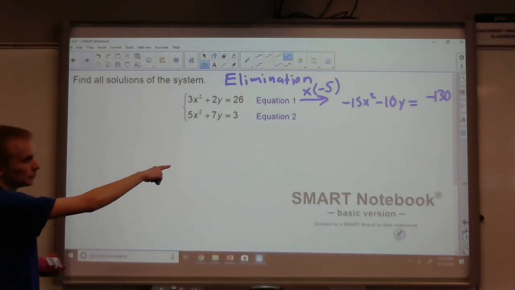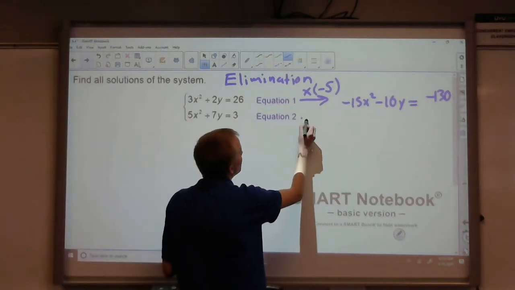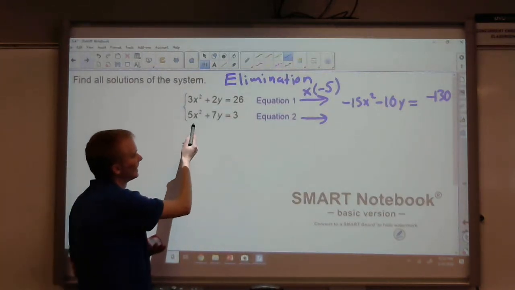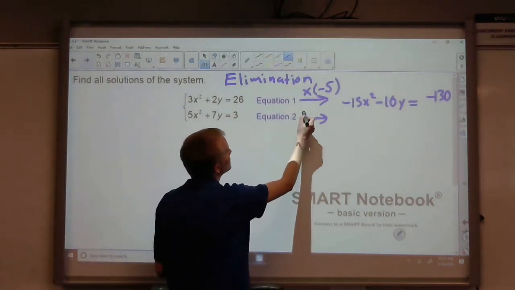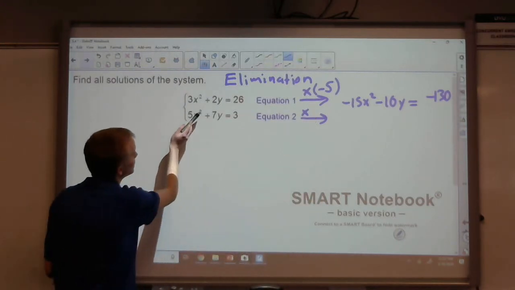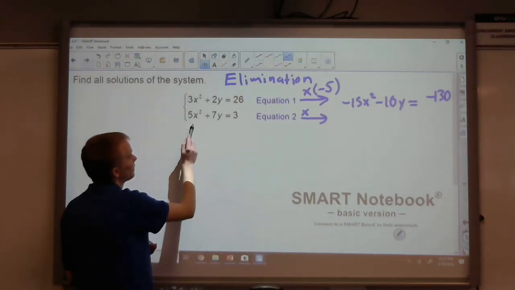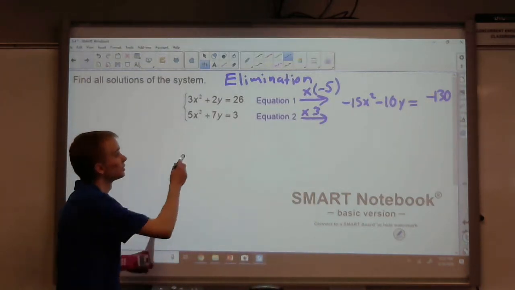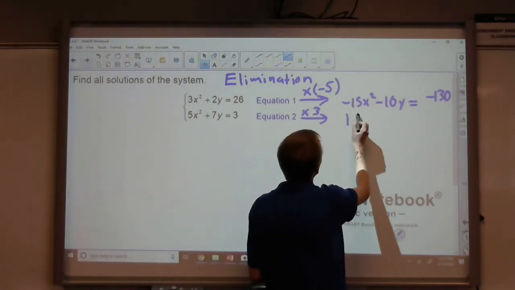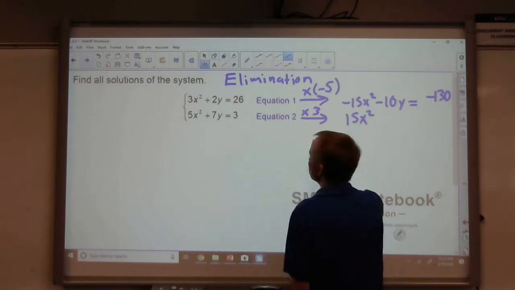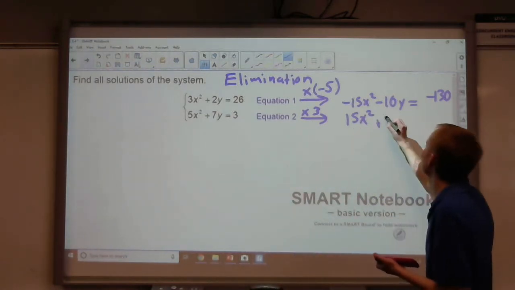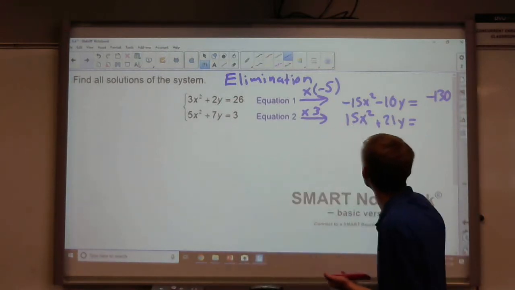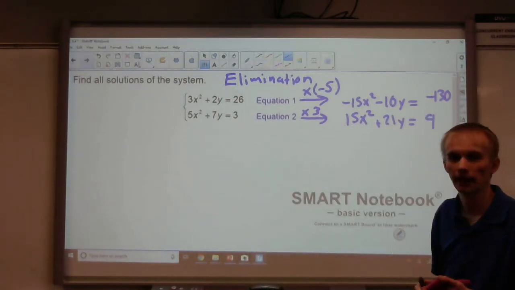So I just times by negative 5. This one, I'm going to get it to cancel out, on this bottom one, I just need to times it by 3 to make it match up, right? So I'm going to times it by 3. I get 15x squared plus 21y. This is equal to 9. Okay?